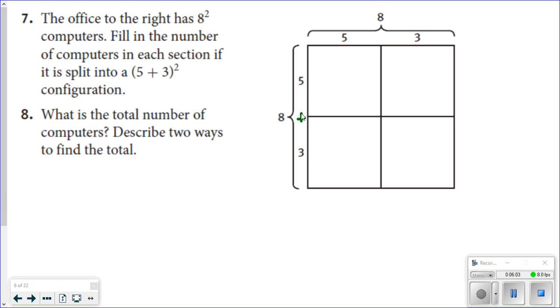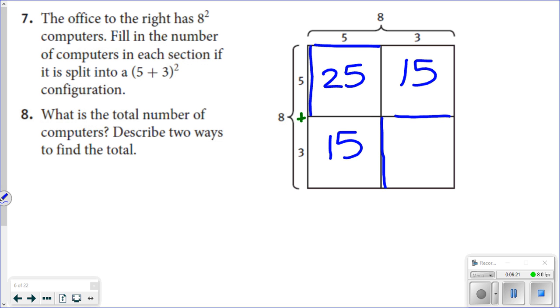So in each box, we're going to multiply the side times side. So 5 times 5 is 25. 5 times 3 is 15. 3 times 5 is 15. And then 3 times 3, this side is 3 and this side is 3. So in our last box, we get 9.